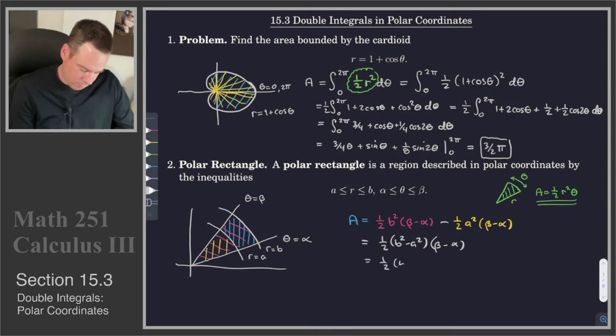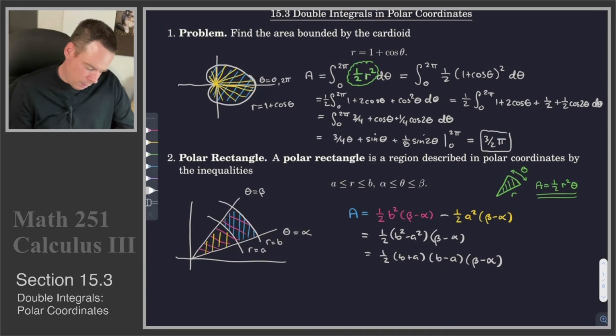That becomes 1/2 (b plus a)(b minus a)(beta minus alpha). And what is b minus a? Well, b minus a is just the difference in the radius. So it's the radius of the big minus the radius of the small. What is beta minus alpha? That's basically just the angle that we have. So that is beta minus alpha, and this distance here is b minus a.